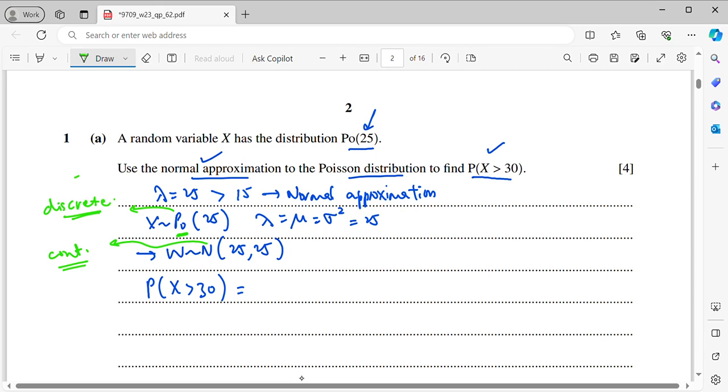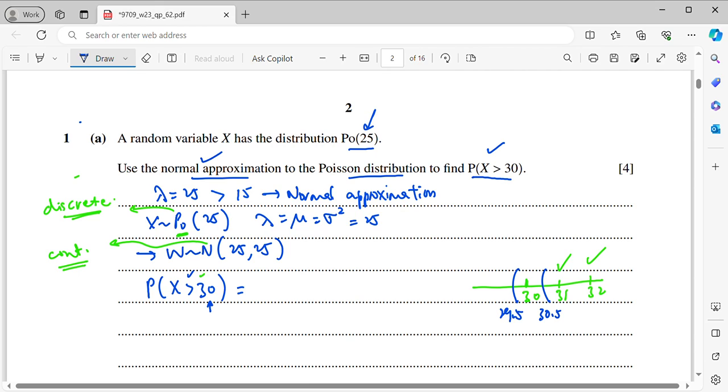Now I will draw a line to show that this is X greater than 30. I will label 30, then 31, then 32, so X will be 31, 32, and so on. When we apply the continuity correction, we have to consider whether we add or subtract 0.5 from 30, so either 29.5 or 30.5.